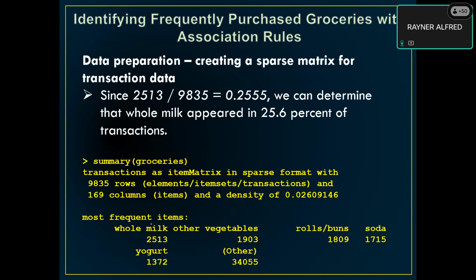Here we can list the most frequent item sets, which are whole milk, 2,513, or other vegetables, 1,903, and so on. So this is the most frequent item, for only one item set.